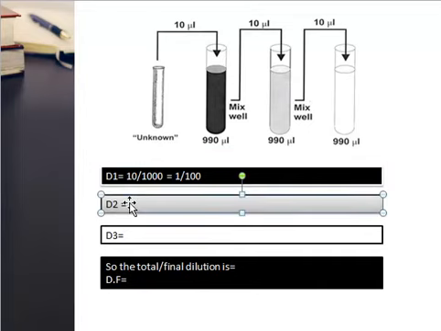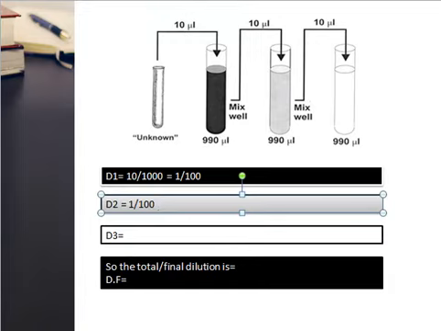Also, the dilution of tube 2 will be 1 over 100 from the previous tube.